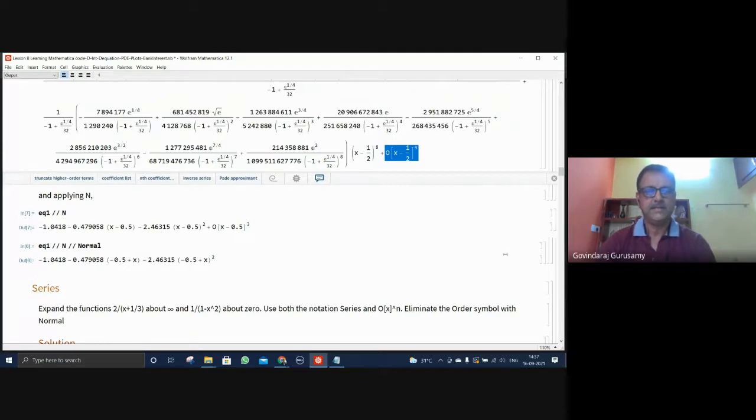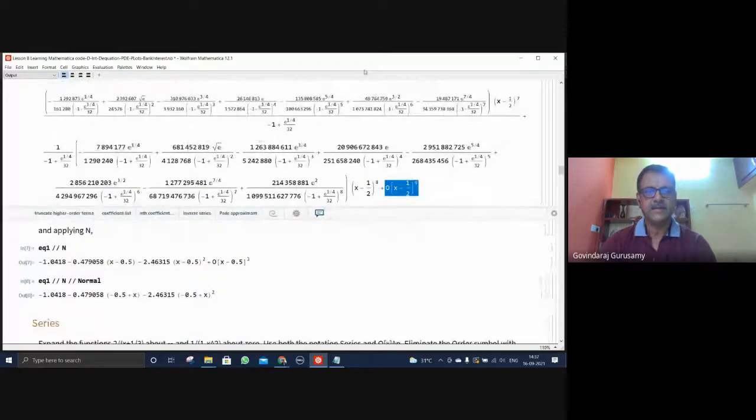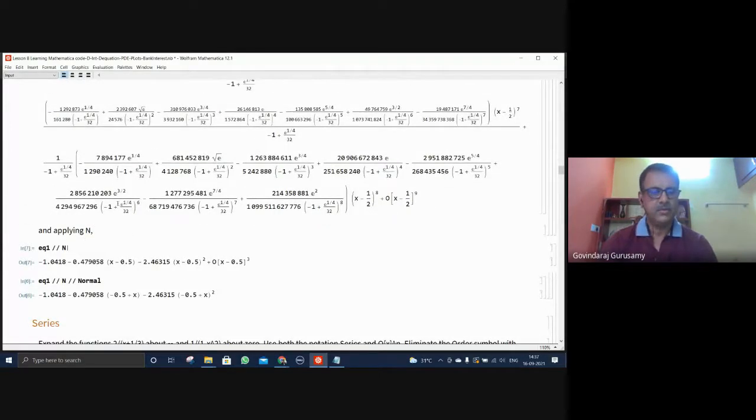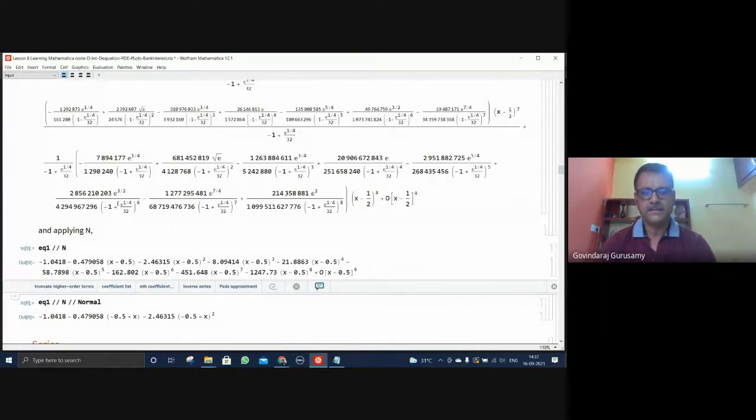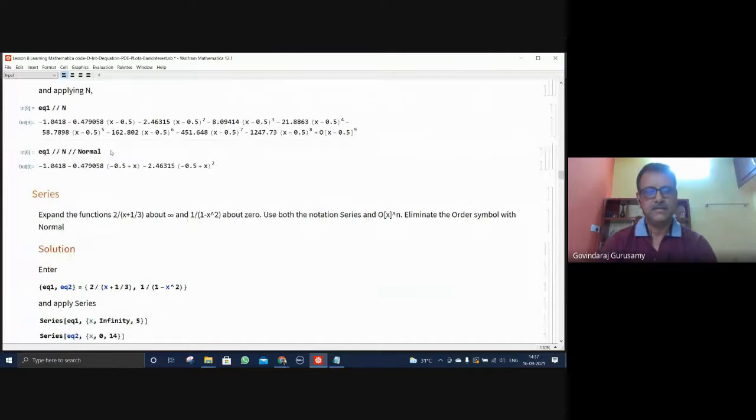We will analyze the error component afterwards. But please remember that when you go for higher terms, the error component will go down. You can see all the terms available expanding around half. Now we can also find the equation with the numerical value, and put it in Normal.